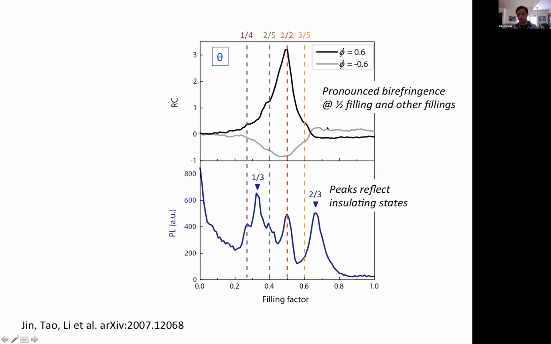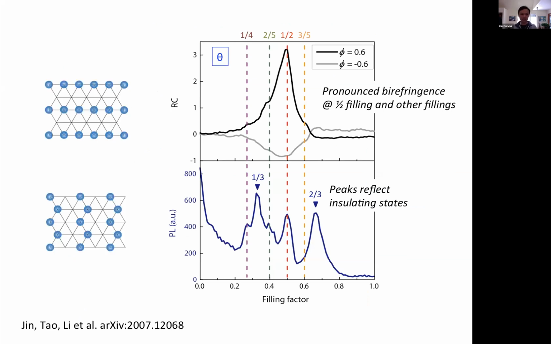That's why one curve goes down and the other goes up. In any case, it shows there's a filling factor dependent polarization rotation, and the peak is exactly at the position where we expect the stripe phases. And these could be the two charge patterns for the stripe phases in this particular case. Okay.